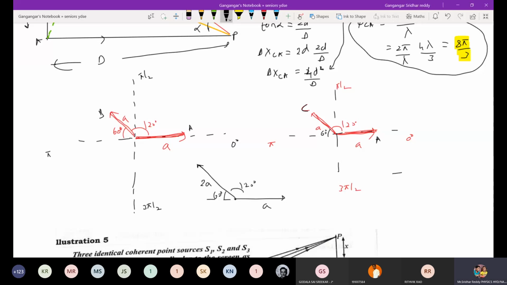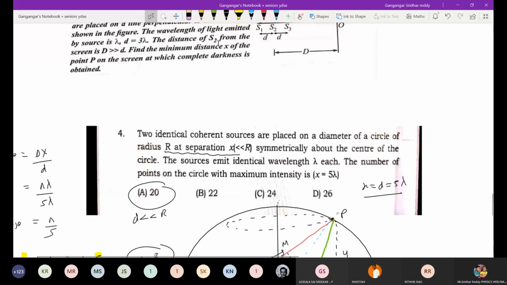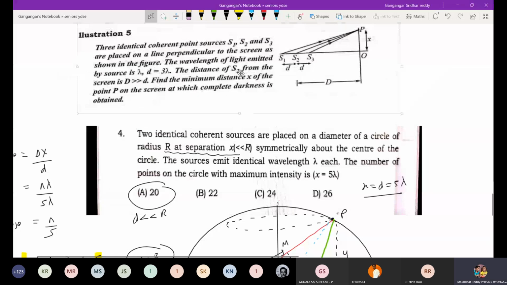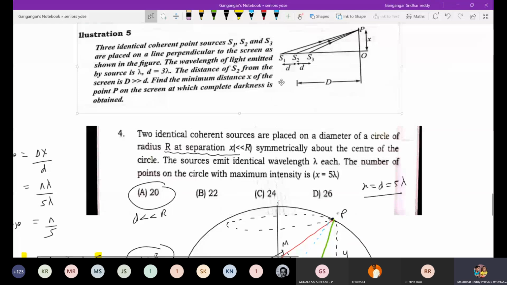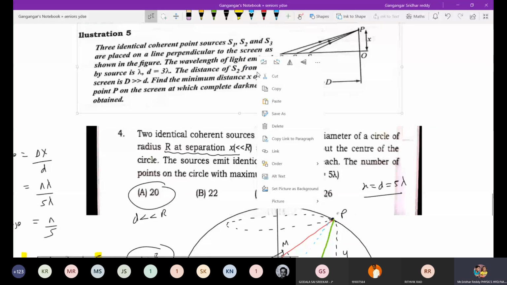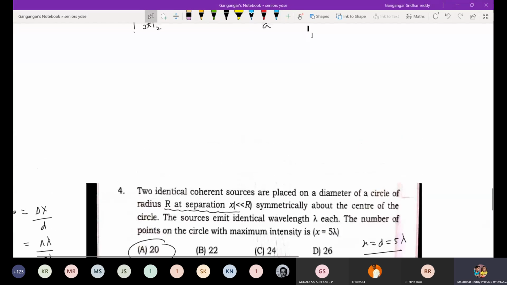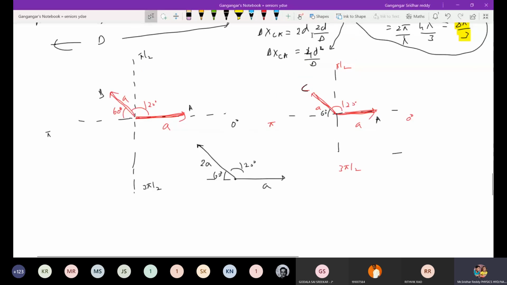I'll proceed further. What shall I do after this? So now it's about the resultant intensity we have to calculate.